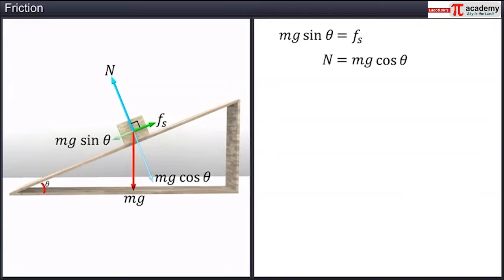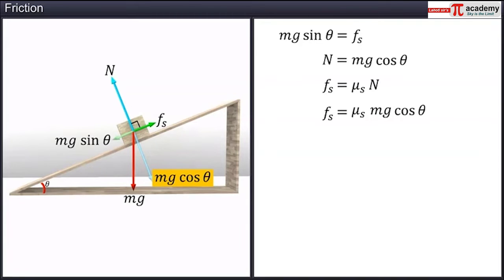As per the laws of friction, if μs is the coefficient of static friction, then Fs is the product of μs and N, which is equal to μs mg cos theta.